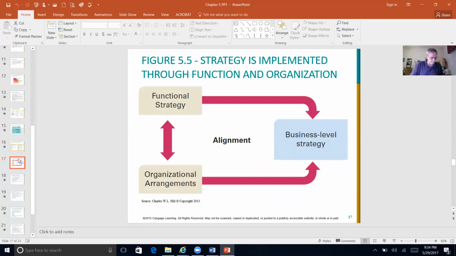This figure 5.5 over on page 169 really is aligning the organization and the strategy to your business level strategy, which we discussed some, but let's expand just a little bit more.